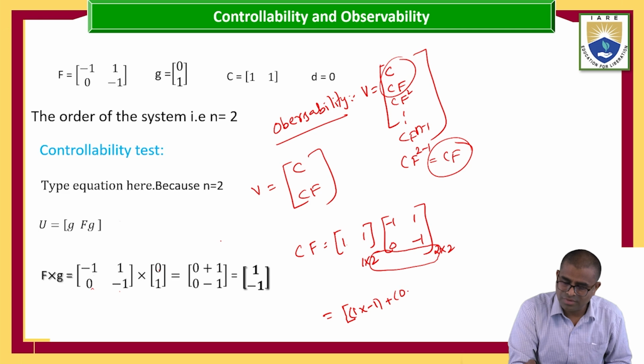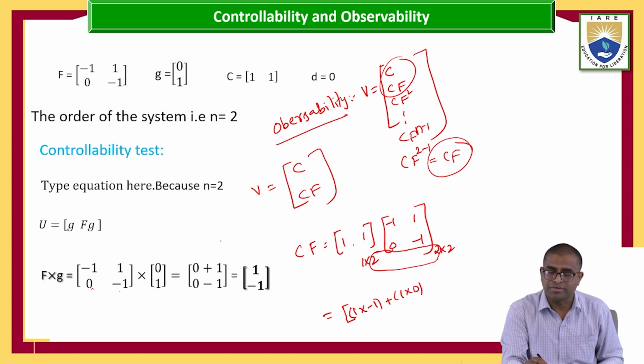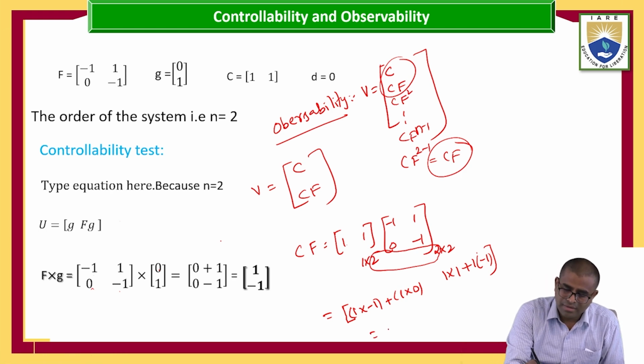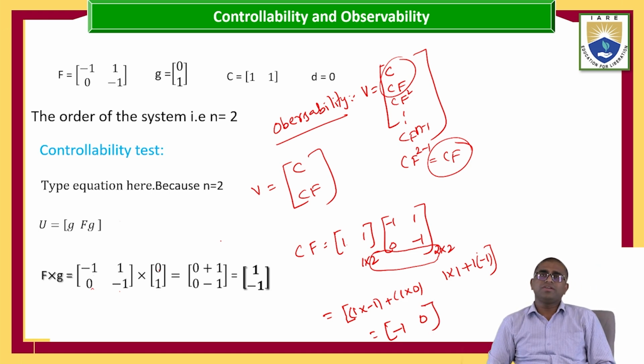Next component: 1 into 1 plus 1 into minus 1, which is 0. So the CF value we got is minus 1, 0.